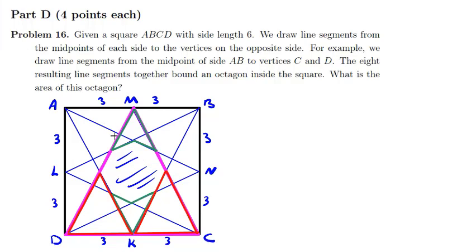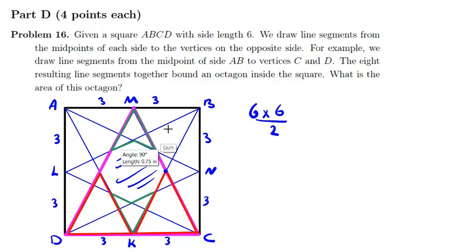So the first one, the largest triangle, the height is 6. So 6 times 6 over 2, minus the red one. We want to find the area, because this part is a rectangle, so the diagonals bisect each other.